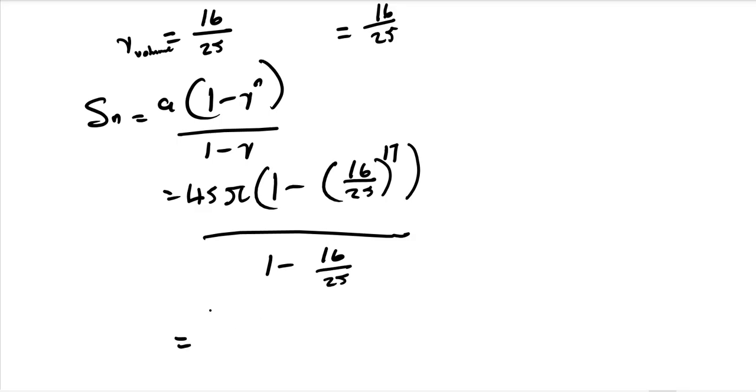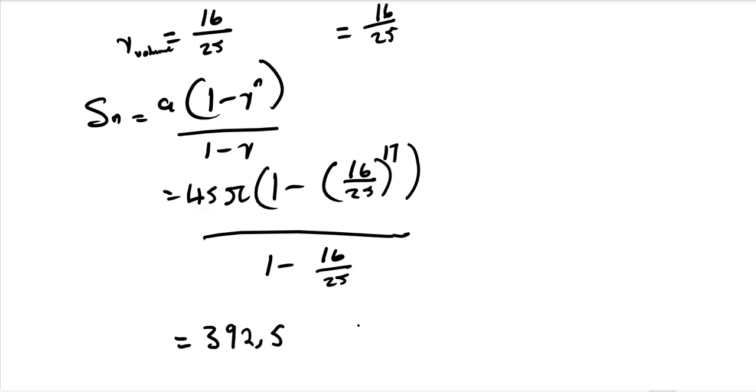Okay, when we punch the calculator, we're going to say 45 pi, 1 minus 16 all over 25 to the power 17, close, over 1 minus 16 all over 25. We get that our answer is 392.5.